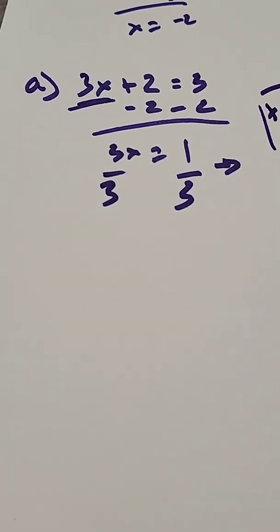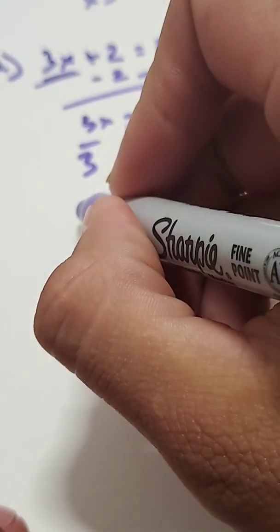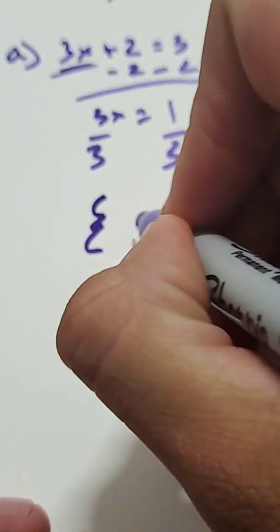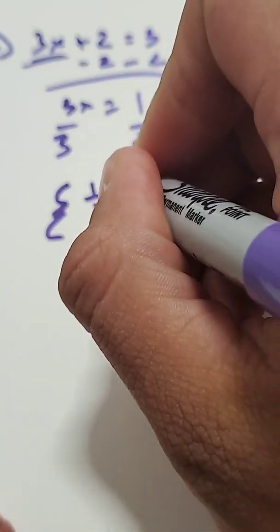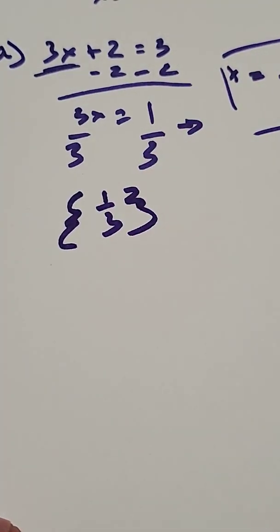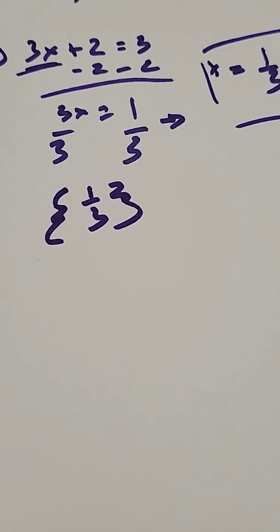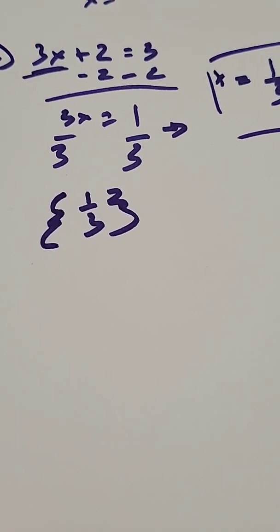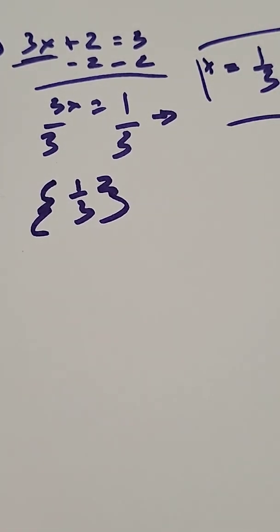Okay, so I also wanted to mention these braces. In a lot of classes, you would see something like this, set braces. This is the solution set. When we cover domain and range and functions, these set braces tell us what we include, what our solutions are to the equation, what solutions are allowed in the equation and what aren't.